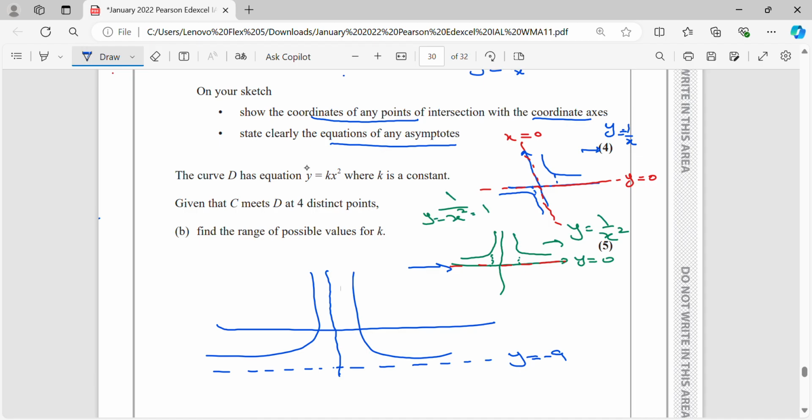On your sketch, show the coordinates of any points of intersection with the coordinate axes. So this is the x-axis and this is the y-axis.